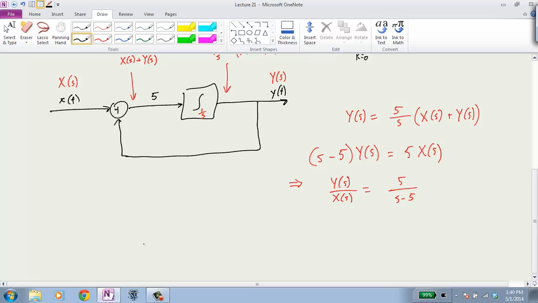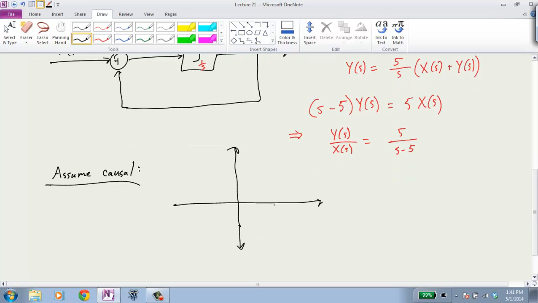Well, assume causal. So if I really build such a thing, what's going to happen? Well, it will be causal. So if we plot the poles and zeros, we get that it has a pole at s equals 5, right?